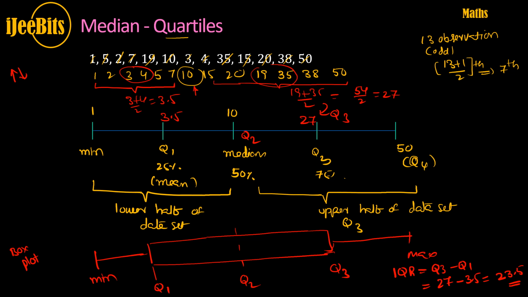The median of the lower half of the data set is called Q1, quartile 1, and the median of the upper half of the data set is called Q3, which is like a 75% level. If you can see, this is basically like a number scale, right? So we can represent this whole story in a box plot.